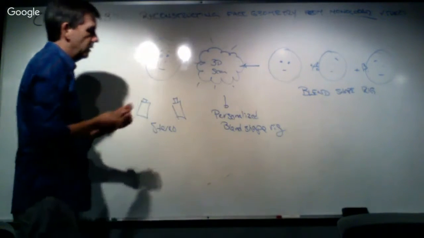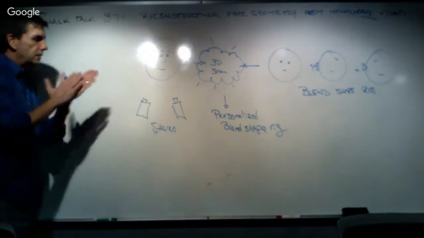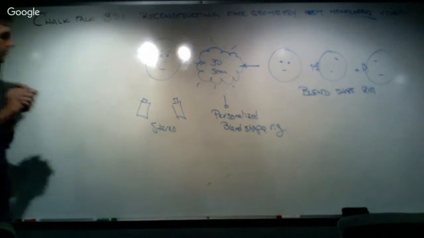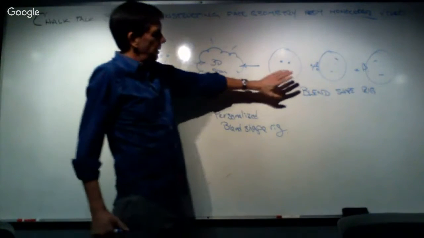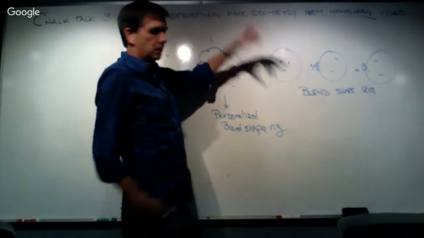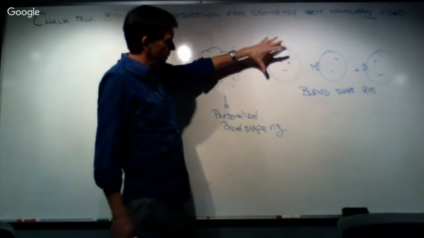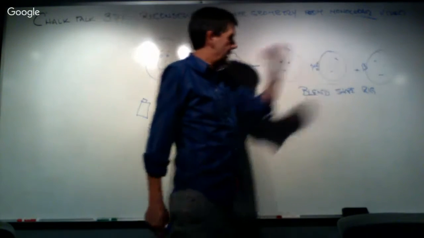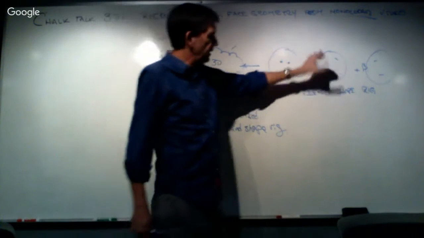So, what does this mean? I wanted to really back up a moment and say, hey, look, we've got a blend shape rig that was created by an artist that represents everybody. It is a generic face that can make typical expressions. They have 78 different blend shapes in here, so there's 78 different weights.